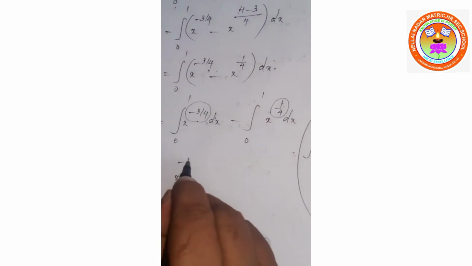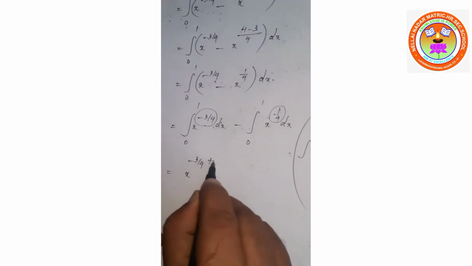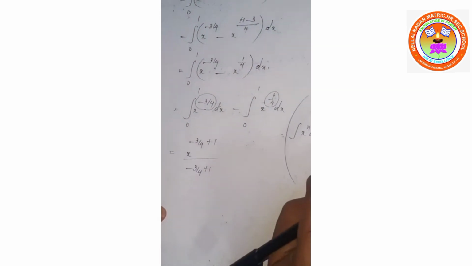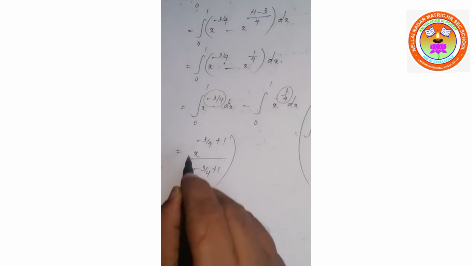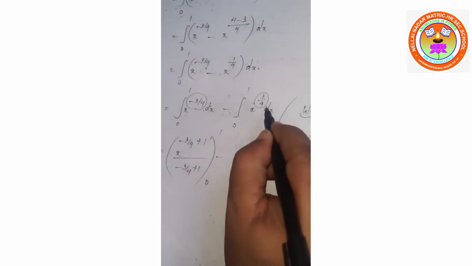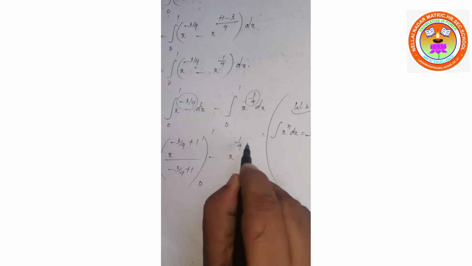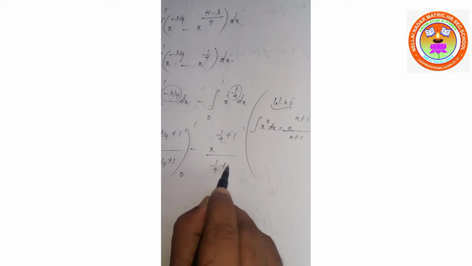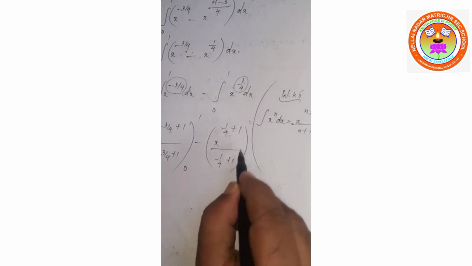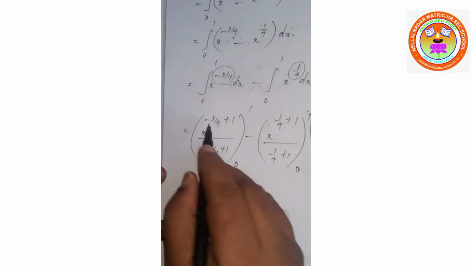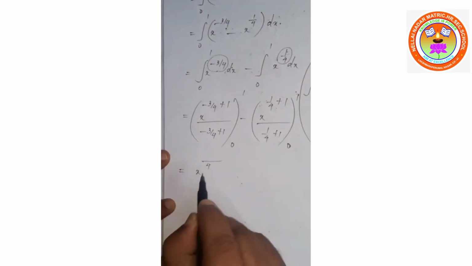x power n, that is minus 3 by 4 plus 1 divided by the same minus 3 by 4 plus 1 according to this formula. Limits 0 to 1. Here x, what is the value of n? 1 by 4 plus 1 according to that formula divided by the same 1 by 4 plus 1. Limits 0 to 1. Now we have to apply the limits. Before that we have to simplify. What is the LCM? 4 is the LCM.